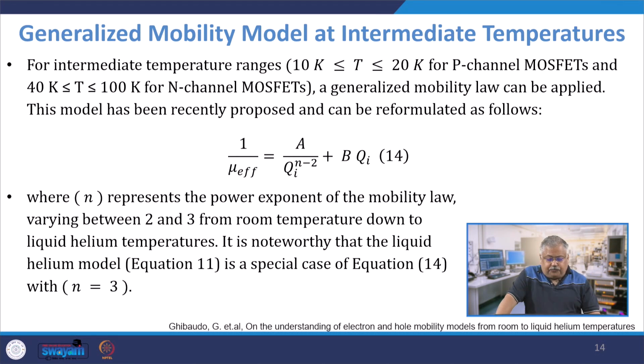This gives you the generalized mobility model at intermediate temperature. When I say intermediate, I mean cryo 10 to 20 Kelvin for P channel and 40 to 100 Kelvin for MOSFETs.